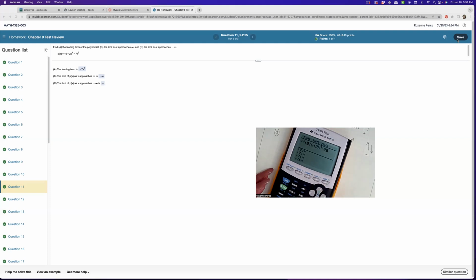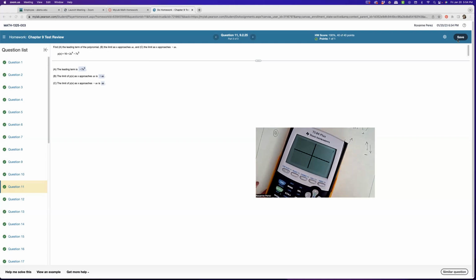Minus 7x raised to the fifth. So now we're going to graph this. We're going to change our window to negative 10, 10, negative 10, 10, and graph.